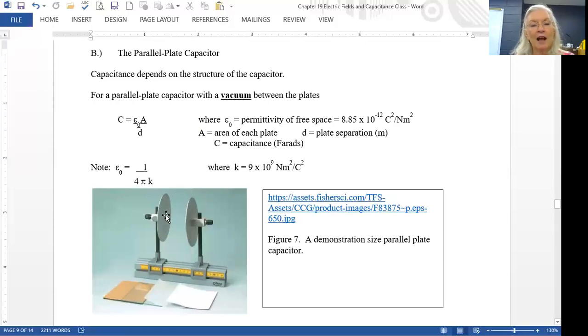You could have just a gap of air. You could insert some paper or a piece of glass or a piece of plastic. Whatever you put in between is an insulating material, and it's called a dielectric. And we'll talk about that in a minute. So you don't need to know the general formula. I'll tell you when we get to the specific one.